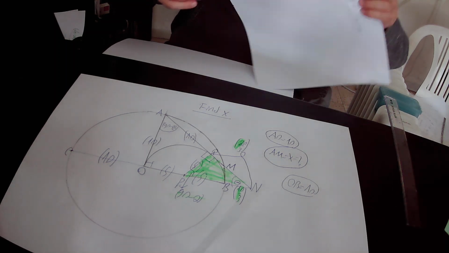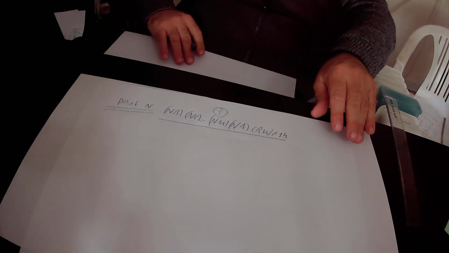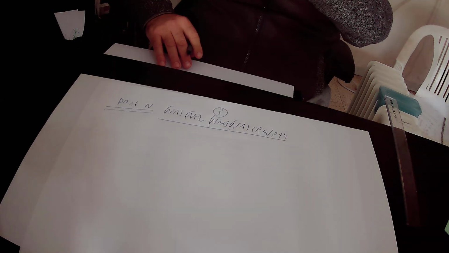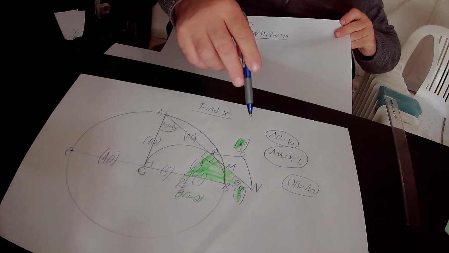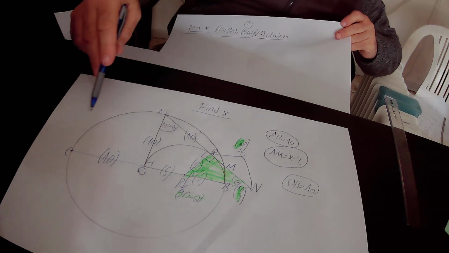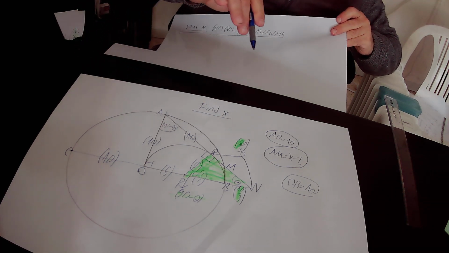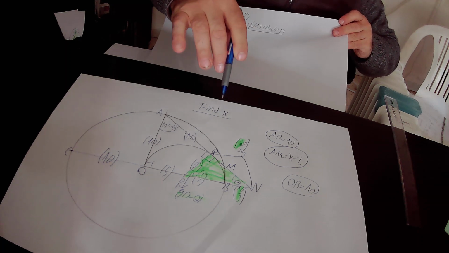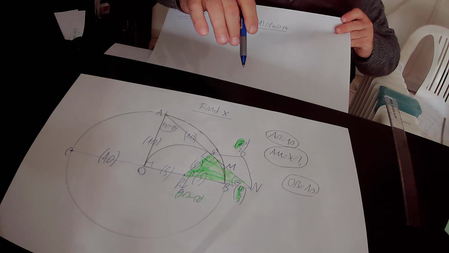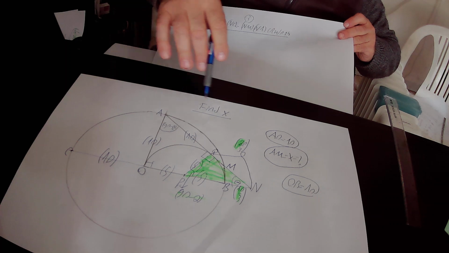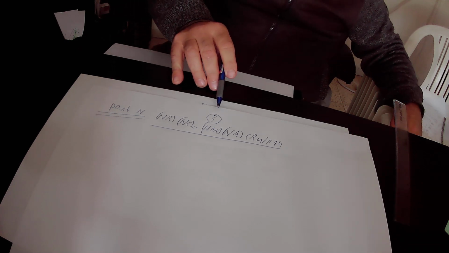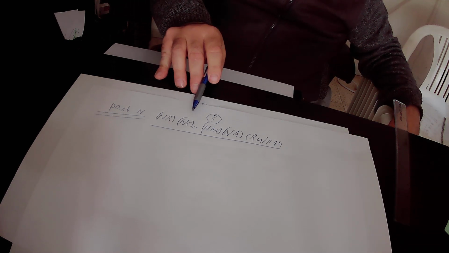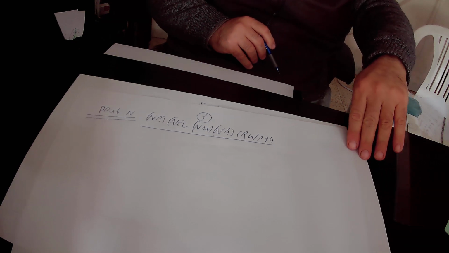Again, all the requirements of rule number 14 are met, so NM times NA equals NB times NC.